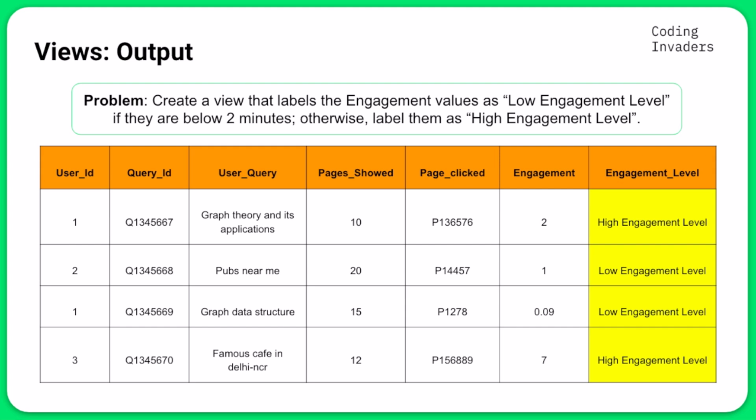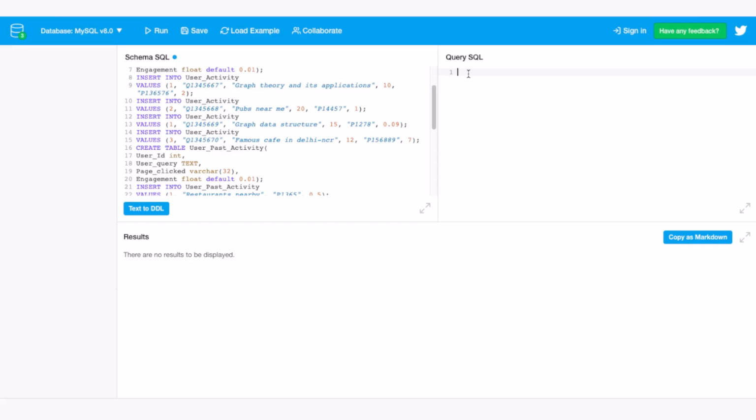Now, let's go to dbfiddle and execute our code. The procedure to open dbfiddle is present in your LMS. I have already created the user table and user activity table. First let's have a look at our user activity table.